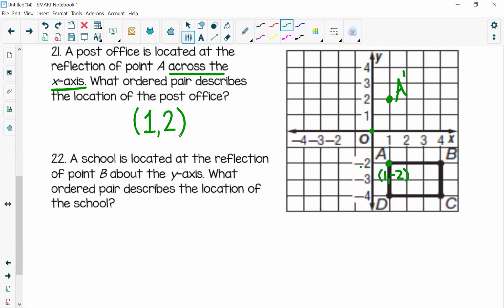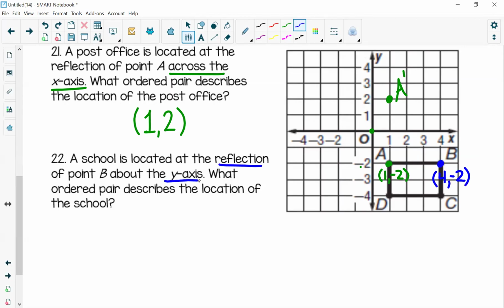Okay. Some of you put, yes, it's in quadrant 1. It is, but it wanted the ordered pair. Next, it says a school is located at the reflection point of B. So here's B. Okay. And this happens to be positive 4, negative 2. So now it says it's a reflection on the y-axis.